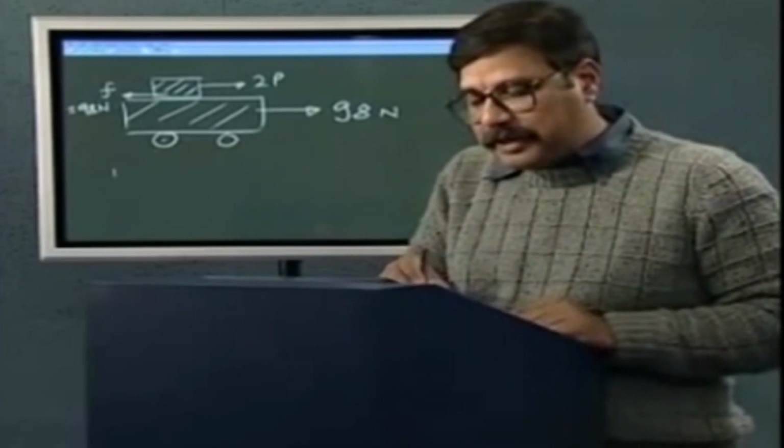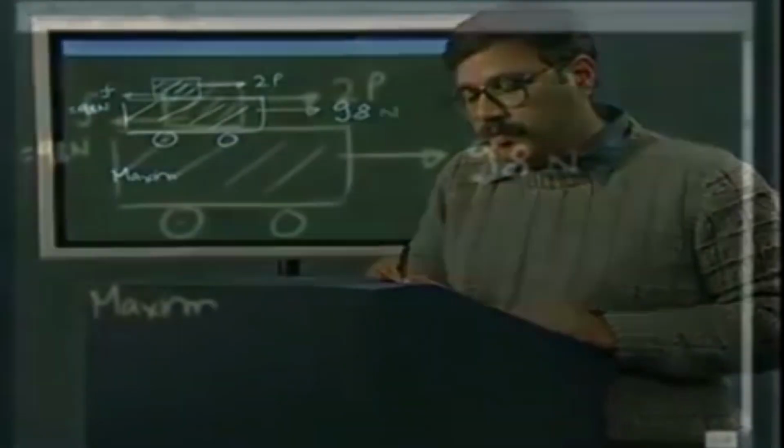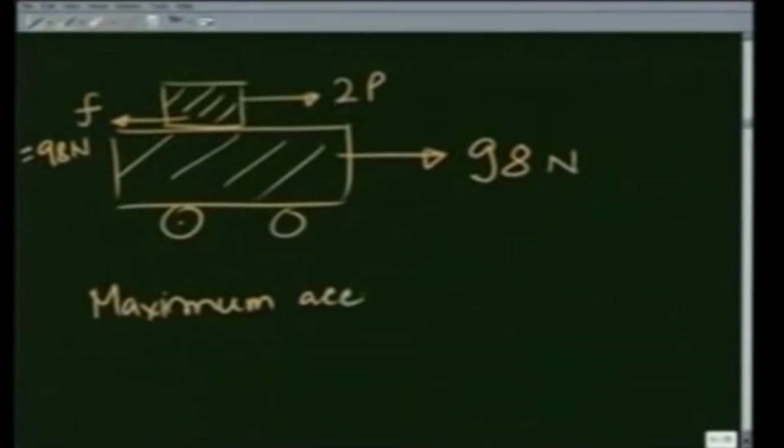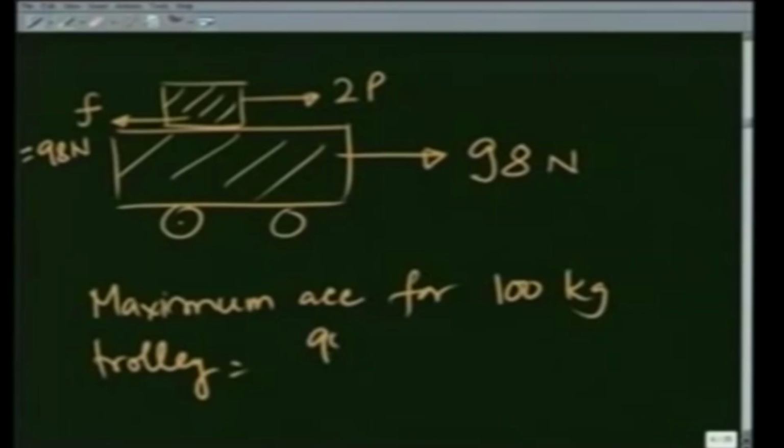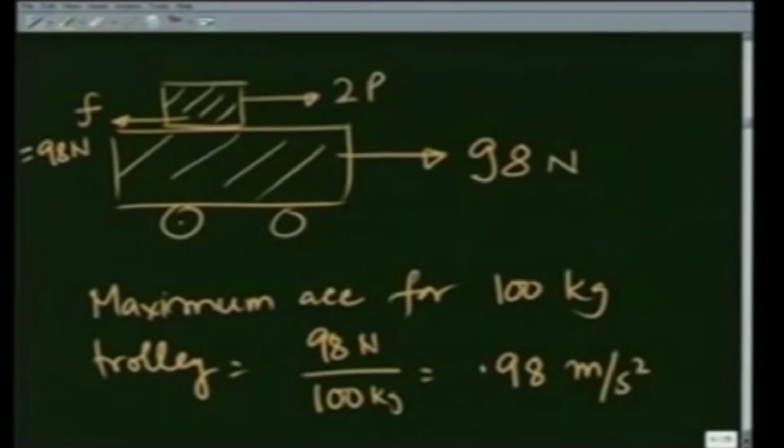So the maximum acceleration for 100 kg trolley is equal to 98 newtons over 100 kg, which is 0.98 meters per second square. If the acceleration of the top mass 20 kgs happens to be larger than this, then there will be sliding. If it is less, then there will be no sliding.